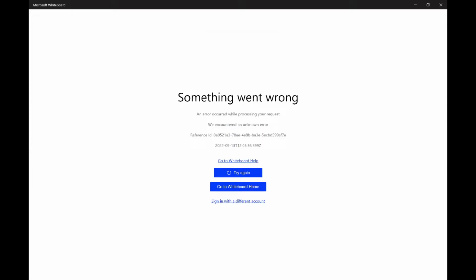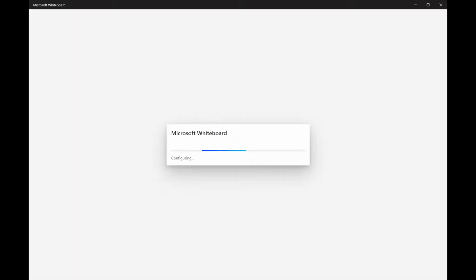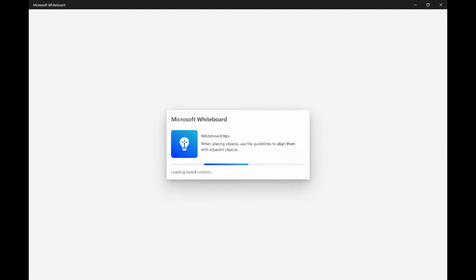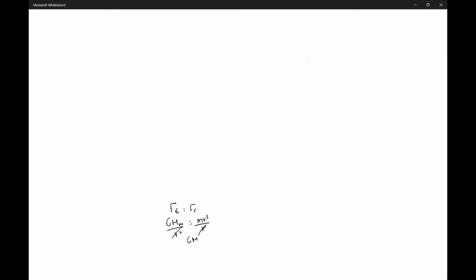Okay, the board just got disconnected. Can you see the whiteboard? Yes, I can see the whiteboard. You just give me a second. Okay, sure.